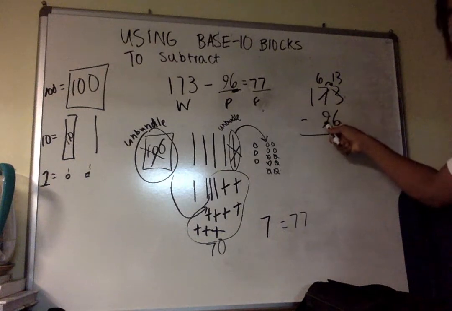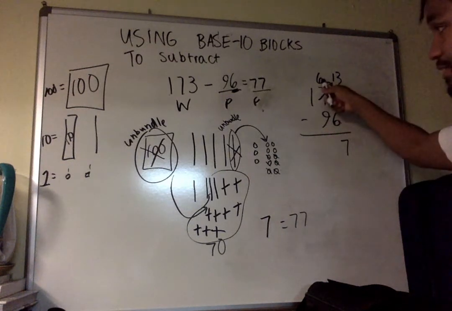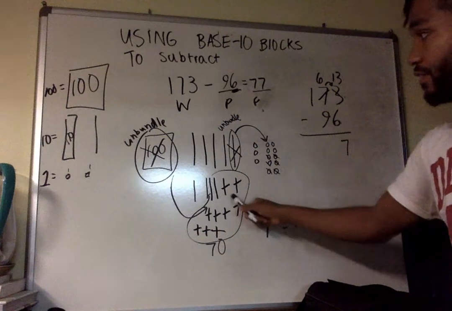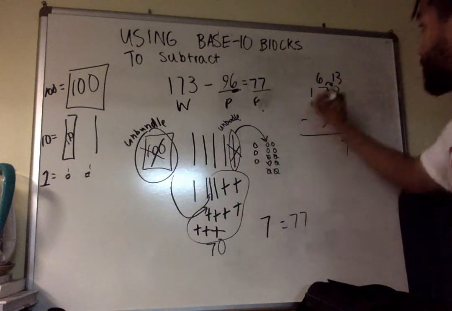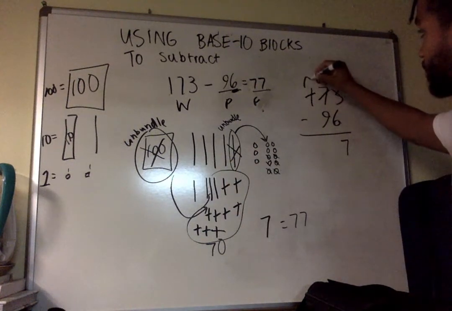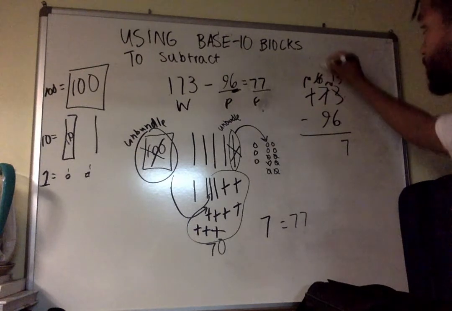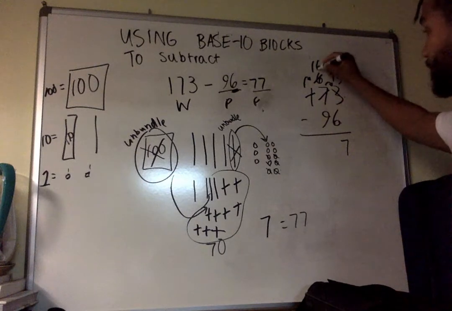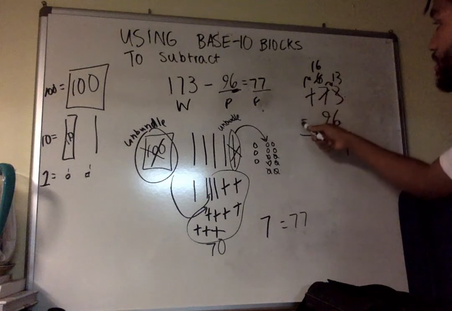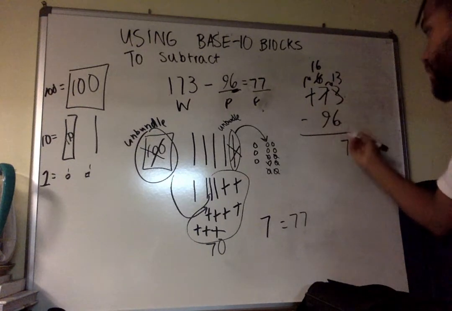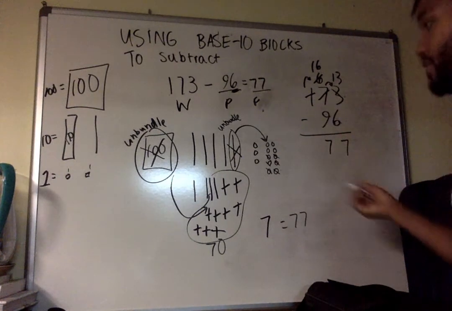We can't take away 9 tens from 6 tens, just like over here. So we have to go to the hundreds. And now we turn that into 10 tens. So the 6 is now 16 tens. And now you can do 16 tens minus 9 tens. And that is 7 tens, 77.